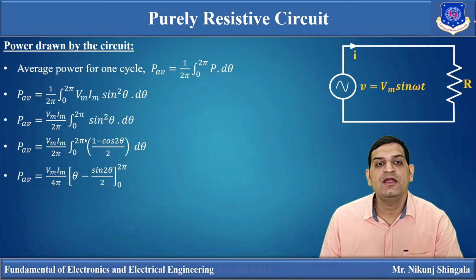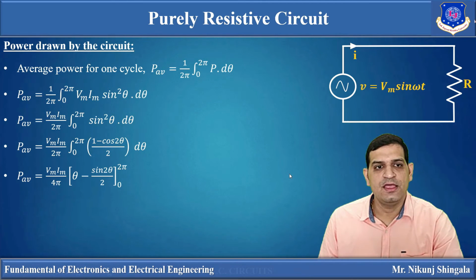pi. Now the integration of 1 with respect to theta is nothing but theta, and the integration of cos 2 theta is sin 2 theta divided by 2. So theta minus sin 2 theta divided by 2. The 2 we have already taken outside of the integration, so this is 4 pi. So we can write P average is equal to Vm into Im divided by 4 pi in bracket theta minus sin 2 theta divided by 2, and limits are from 0 to 2 pi.